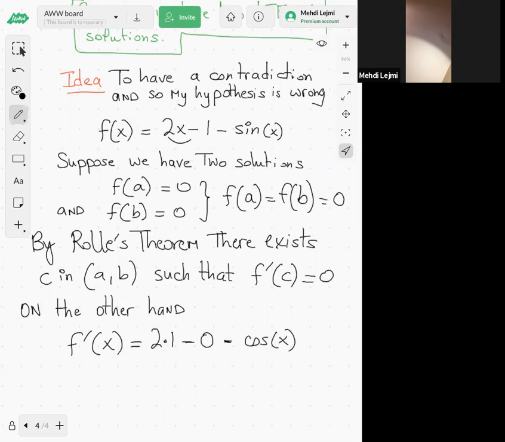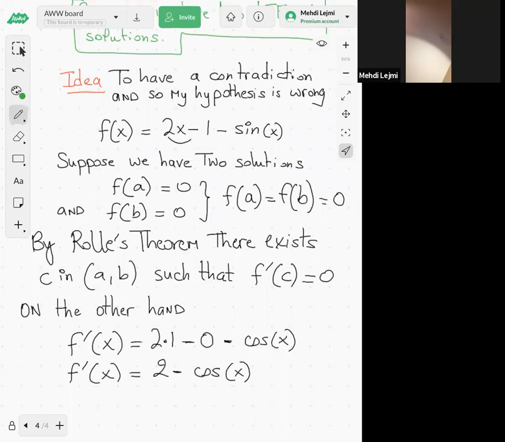All right, so my f prime of x is equal to 2 minus cosine of x. Okay, that's my derivative. Now the question is, again, where's the contradiction? Well, here's the contradiction. The contradiction is the following.